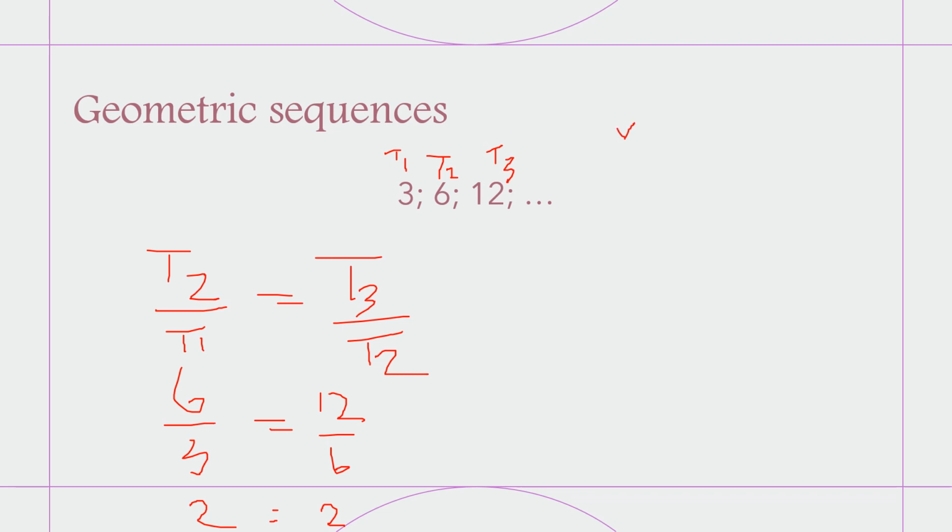This ratio that is constant is represented by r. So the value of r is the ratio that is constant. In this case, we have the ratio as 2. And then a will always represent the value of the first term in a geometric or an arithmetic sequence.